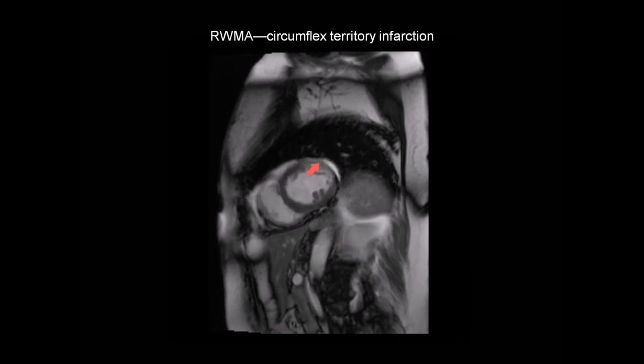So we would expect to see significant subendocardial late gadolinium enhancement when we undertake delayed imaging in this patient. And we can assemble all of this information, both the regional wall motion information and also the late gadolinium enhancement information, to fully describe the consequences of the myocardial infarction.